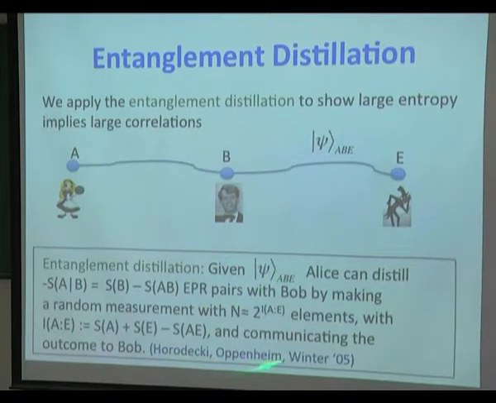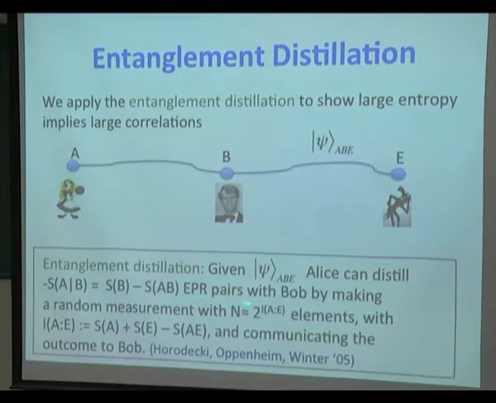So this is one result that we're going to use, by Devetak, Oppenheim, and Winter. Given a state, psi AB, like here, Alice can distill this number of EPR pairs. So this is minus the conditional entropy of A given B. If you want to write it, it's just S of B minus S of AB.